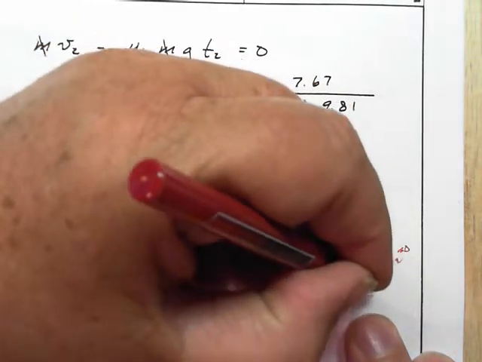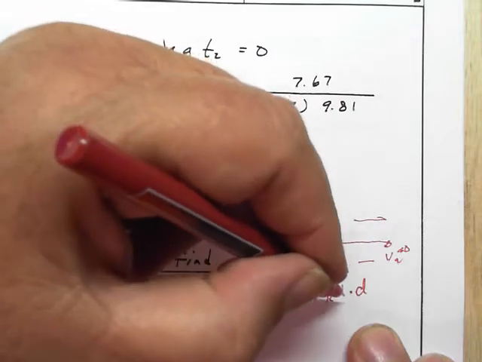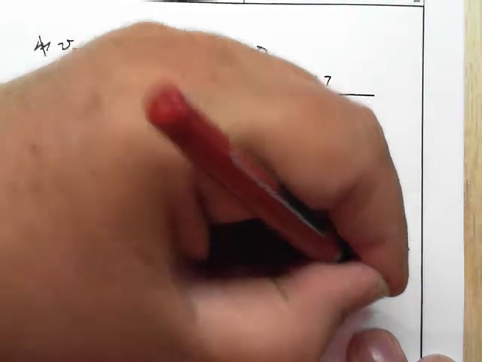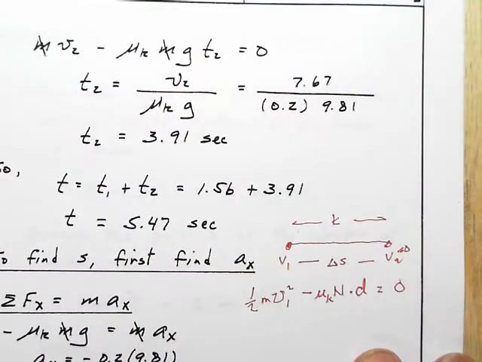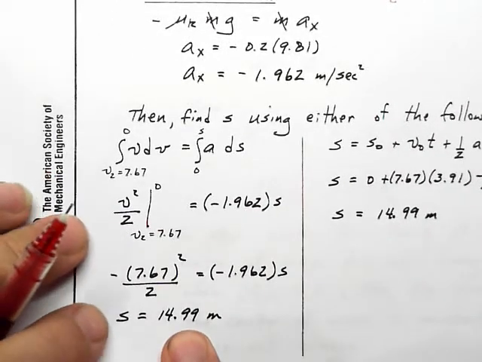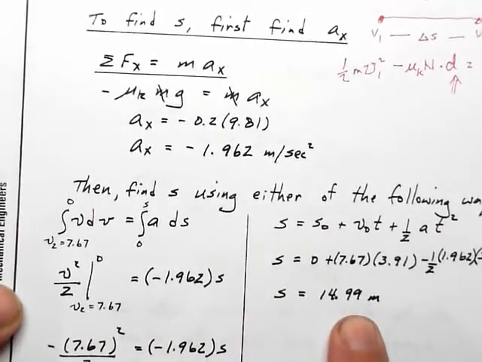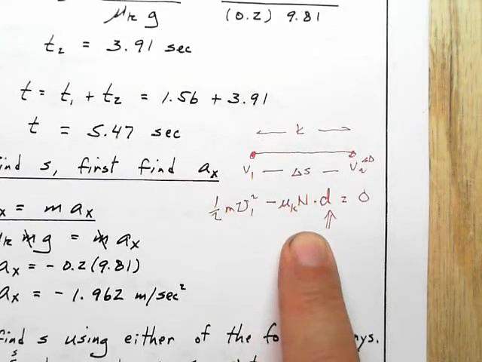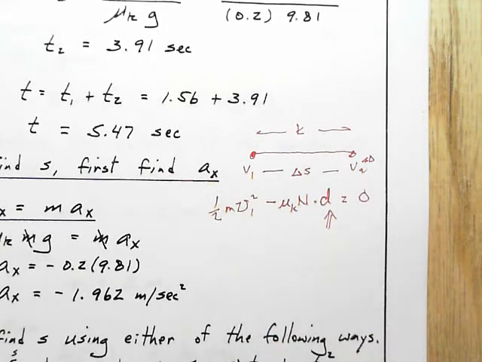And then on the other side we have the starting energy, non-conservative work, force dot distance is equal to final kinetic energy. At this point I know my velocity at the kink point, I know mu and n. That distance is the only unknown. I'm not going to solve for it here, because when I solve for it down here I'm going to get almost 15 meters, and when I solve it a different way I'm going to get almost 15 meters. So if you would like to check and make sure that 15 meters works right here, it will.